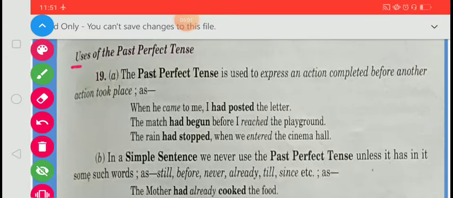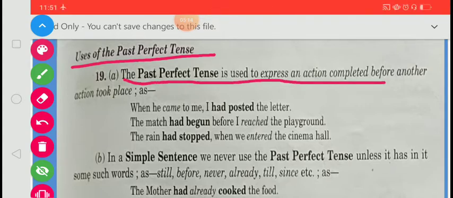Past perfect tense is used to express an action completed before another action took place. You must know here that the action which took place before is written in past perfect, and the one which took place later, we write that sentence in simple past tense.